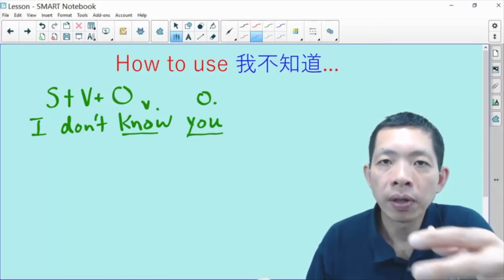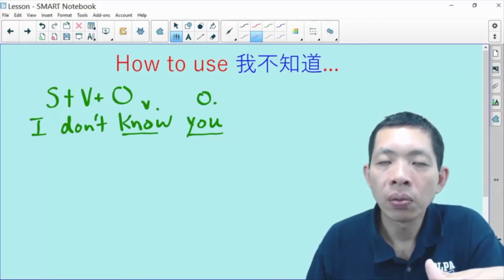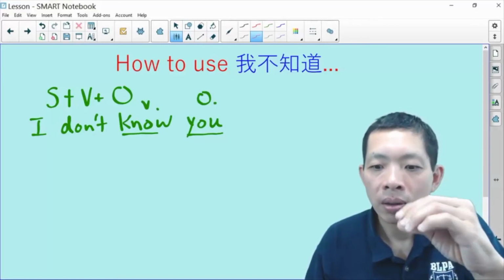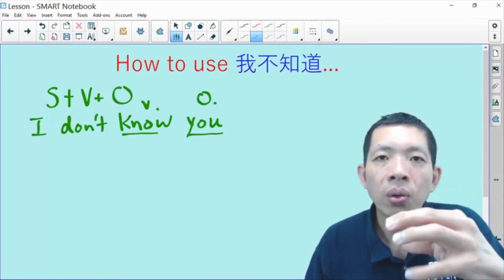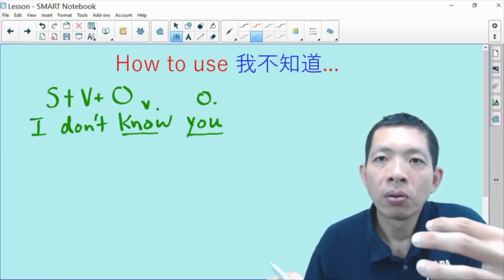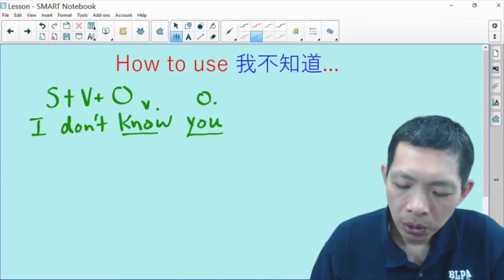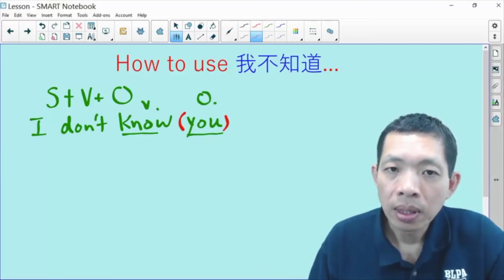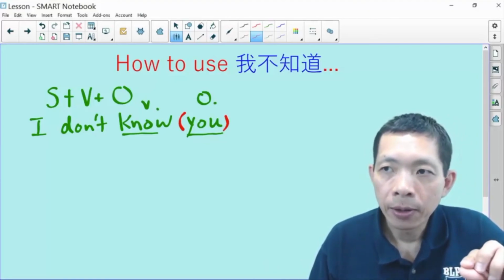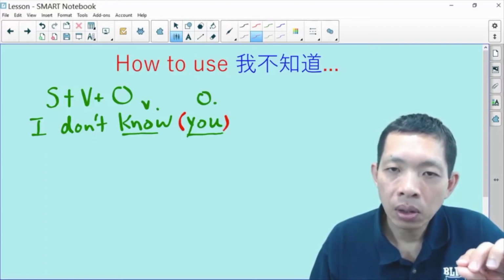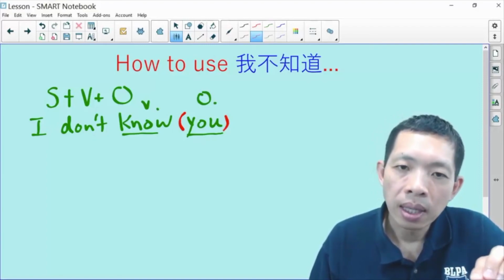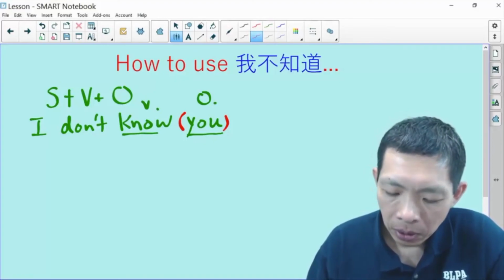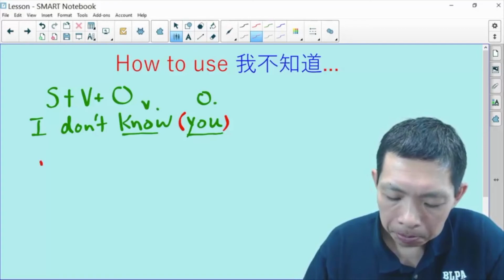It could be a word, a phrase, or a noun clause, even a very long one. Don't be limited to thinking the object is just a word; the object could be a very long string of words. Now we make the clause, which is a sentence, the noun clause, as the object.